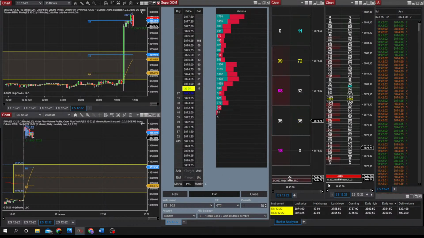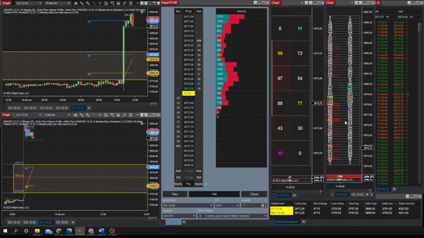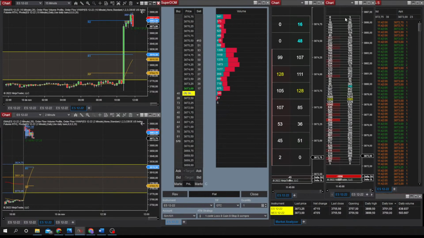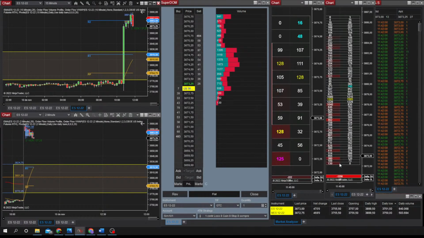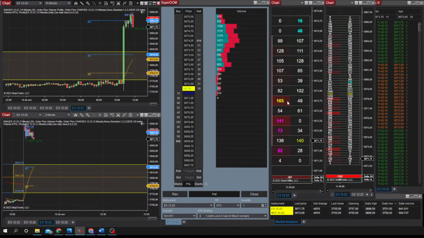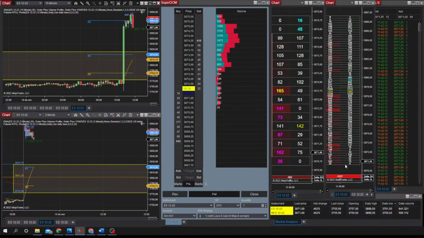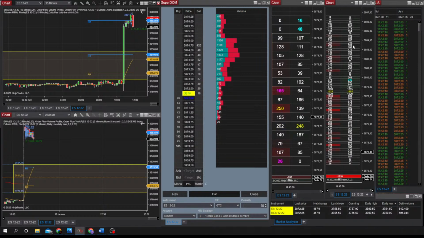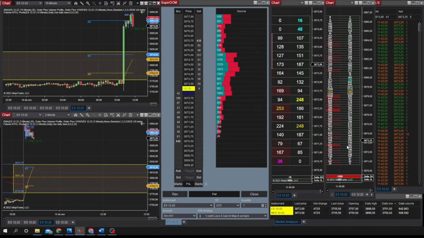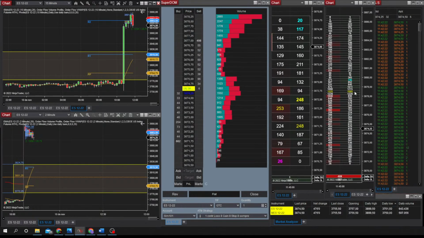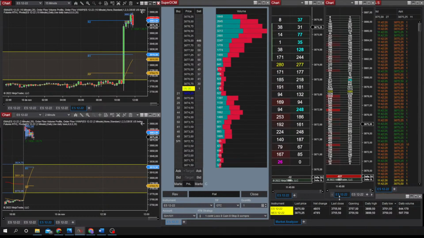Let's see. Here I have a 7 minute volumetric bars chart, and here a 2 minute one. In this 7 minute we see that we have almost 17 points. It's a huge volatility, so it's difficult to trade this kind of move.